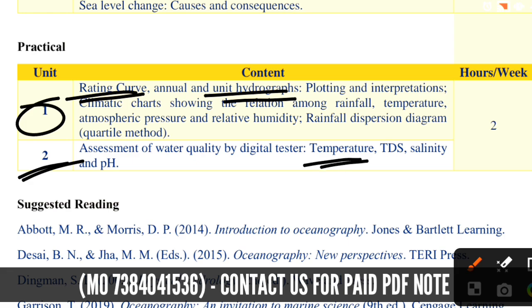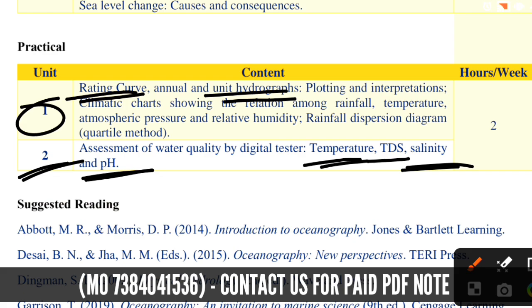The second one is TDS. TDS means total dissolved solids. The third parameter is salinity, and the fourth one is pH.